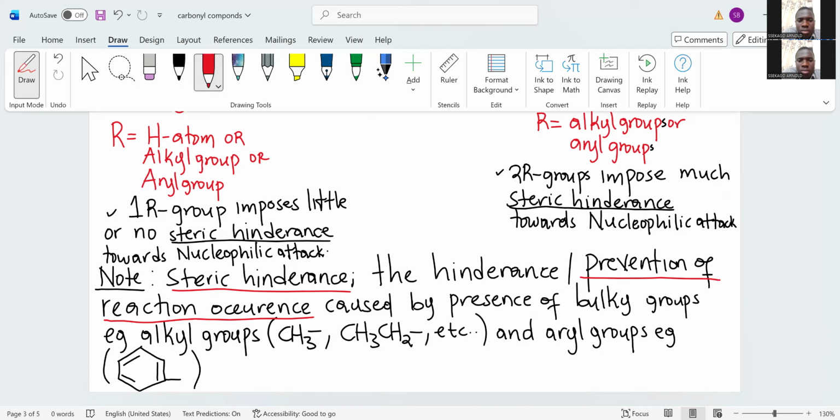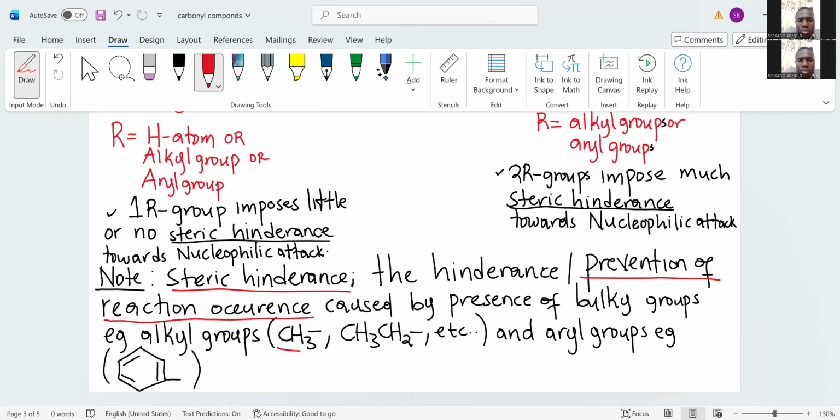So we look at how a reaction is prevented from occurring, and that prevention is caused by groups that are heavy. For example, we can have alkyl groups, and I'm going to explain why alkyl groups are heavy or why they are bulky.